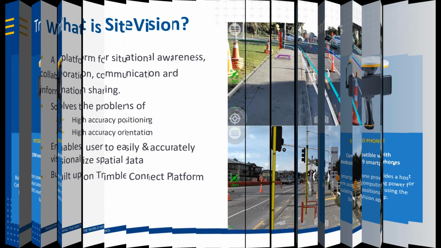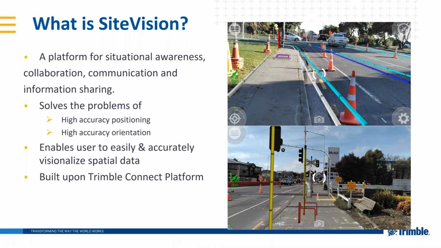So what is Trimble SiteVision? It's a platform for situational awareness. You can collaborate, visualize, and communicate with all your stakeholders, anyone involved in your projects. It solves the problem of high accuracy positioning and accurate orientation.